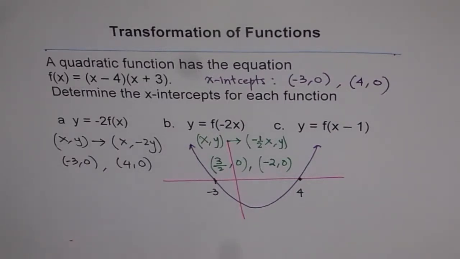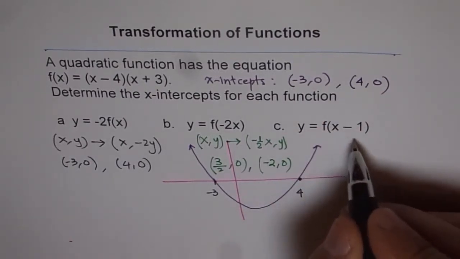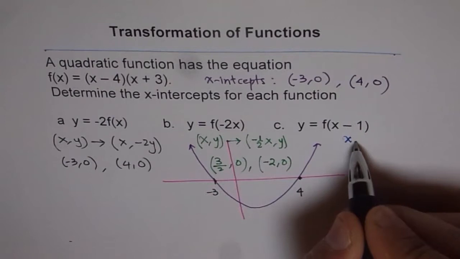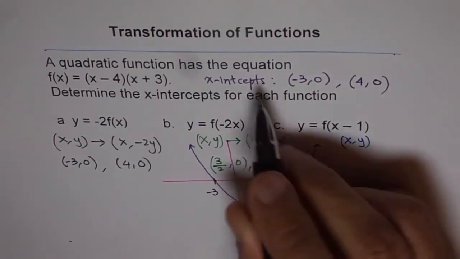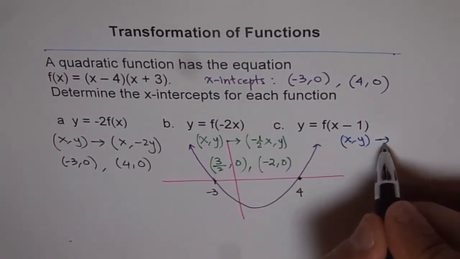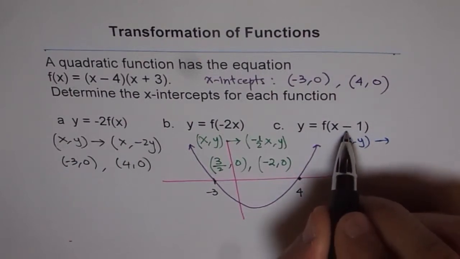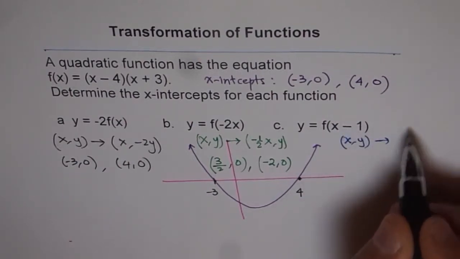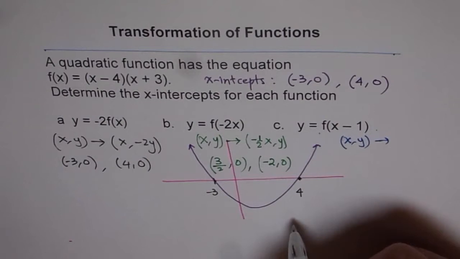I hope you appreciate that in this particular solution, I am giving you a different approach than what I have given you in the previous one, so that you can understand both possible approaches and adopt the one which you like most. Now here, how are the points getting transformed? The point, let's say (x, y), is on the function f(x). Then on this transformed function, the x point is moving 1 unit to the right, and there is no transformation on y.